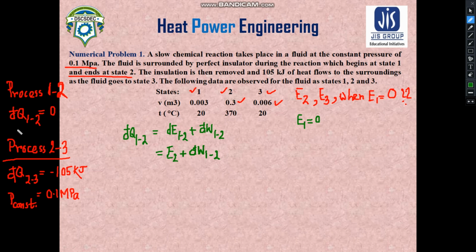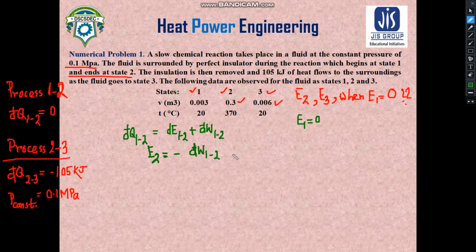And dQ 1 to 2 is 0 because the fluid was insulated during the reaction which started at state 1 and ended at state 2. So we can write 0 equals E2 plus dW for process 1 to 2. Then it is very easy to understand that E2, the internal energy at state point 2, will be minus dW 1 to 2.